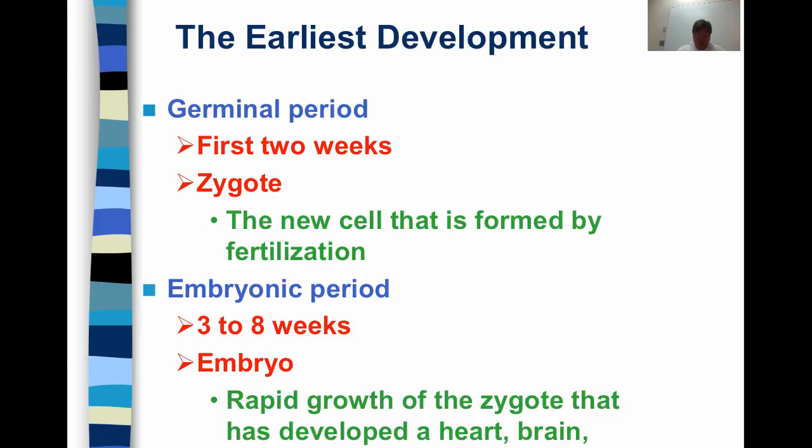Weeks 3 through 8 of prenatal development is referred to as the main embryonic period. During this time, the organ systems and support systems begin to form. And it's during the embryonic period that the embryo is most susceptible to the influences of a teratogen. Furthermore, it's during this time that the placenta forms, so the mother's blood supply is now being shared with the embryo.